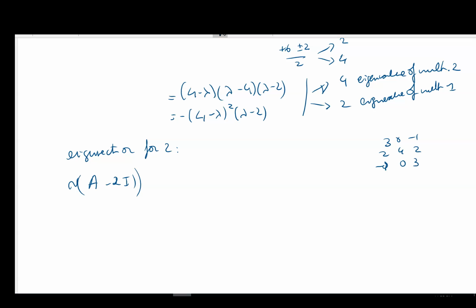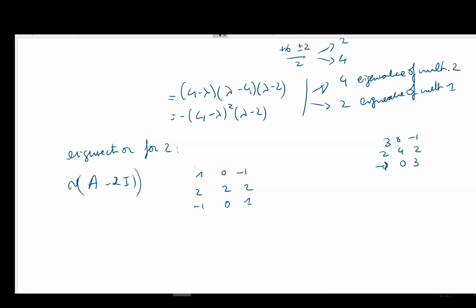So minus 2I, I put minus 2 on the diagonal, so that's just going to be 3 minus 2, that's 1, 0, negative 1, 2, 2, 2, and I get negative 1, 0, and 3 minus 2, that's 1.